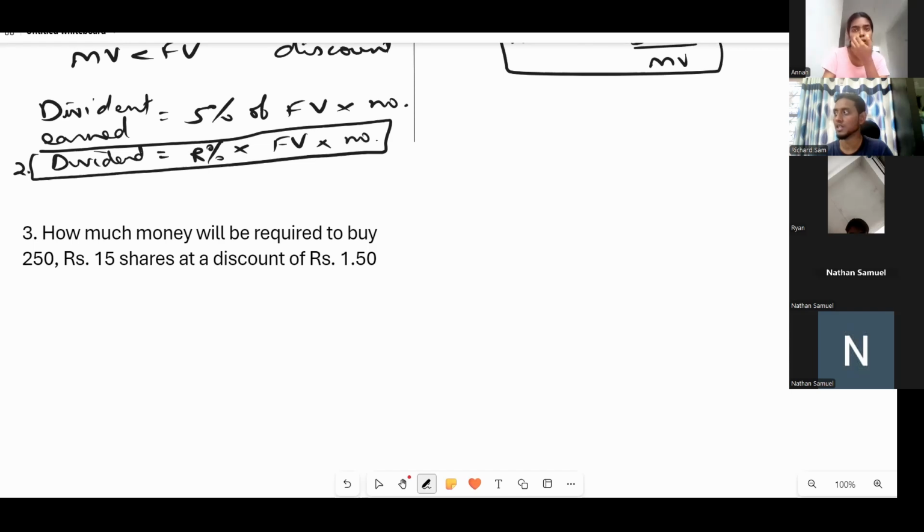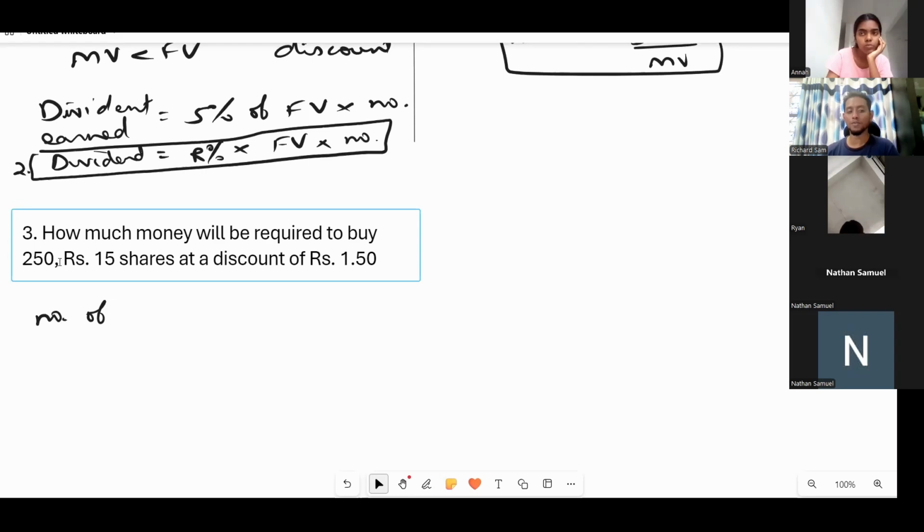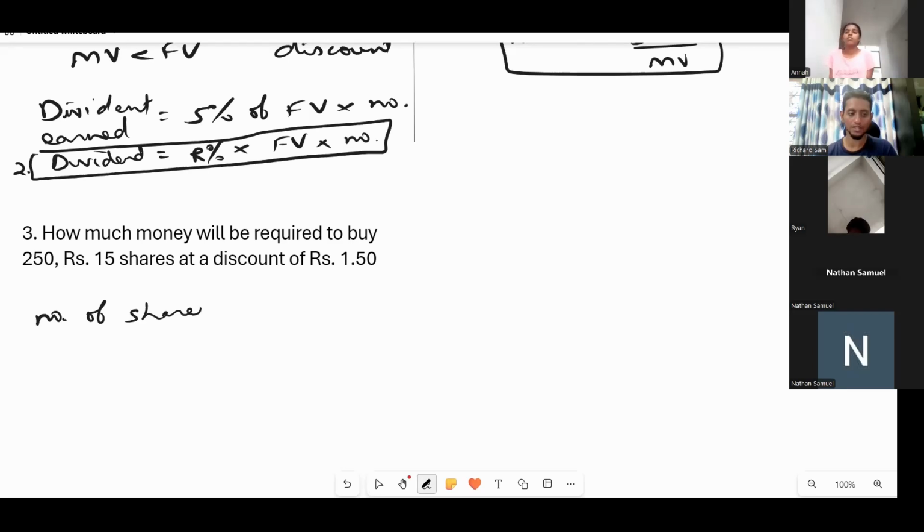How much money will be required to buy 250 rupees 15 shares? So 250 is the number of shares. If I'm buying 5,000 rupee shares, it means 5 shares I'm buying, and each share has a face value of 1,000 rupees. So here also, when I say I'm buying 250 15 rupee shares, 250 is the number of shares.